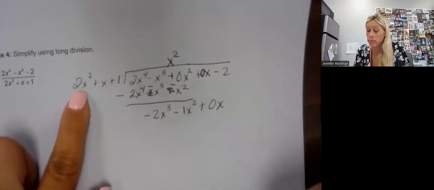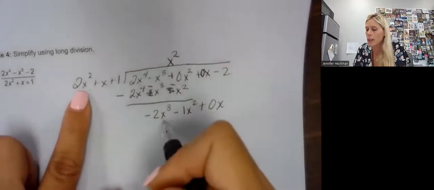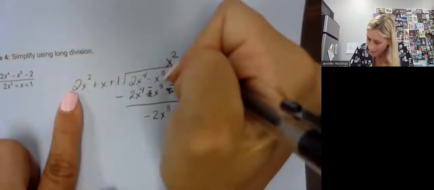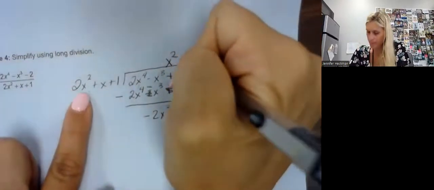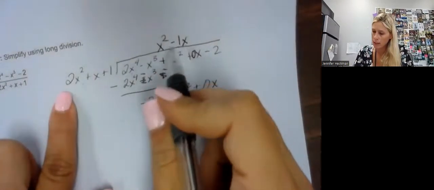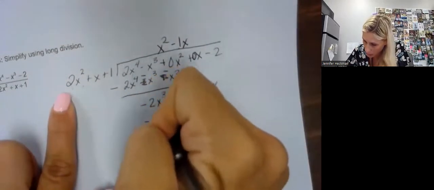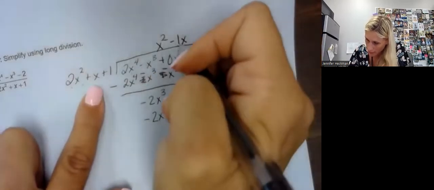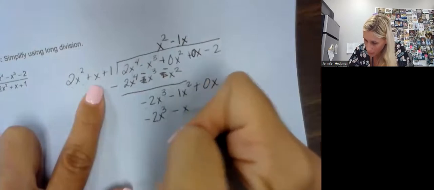Okay. Negative 2x squared times what is negative 2x cubed? Well, 2 times negative 1, and then we need an x in there, right? Because negative 1x times 2x squared is negative 2x cubed. Negative 1x times x is negative x squared.